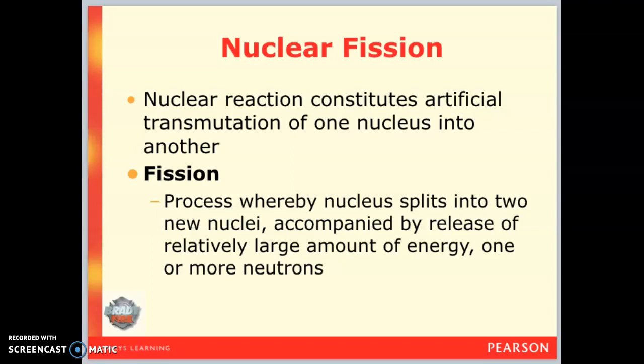In nuclear fission, we do this artificially by taking an unstable isotope and bombarding it in some kind of way to get it to split into multiple nuclei. And when this happens, lots of energy gets released in the process.